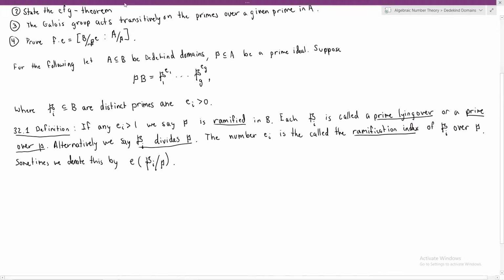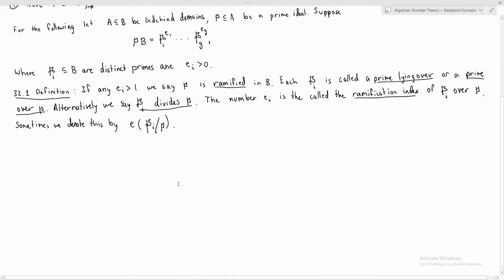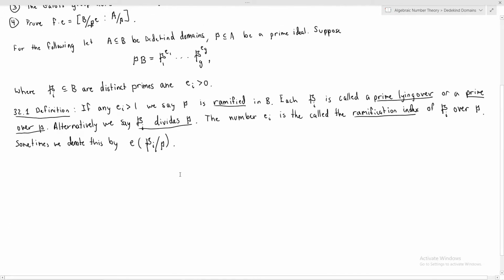These are basically the powers of the primes that appear. And then there's another set of definitions which are associated to residue degrees.